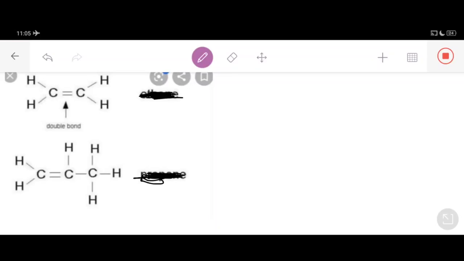Last time we discussed some important examples regarding IUPAC nomenclature for branched chain saturated hydrocarbons, and I gave you some examples to make you understand what this IUPAC nomenclature is all about.